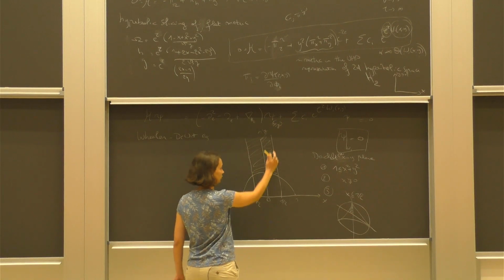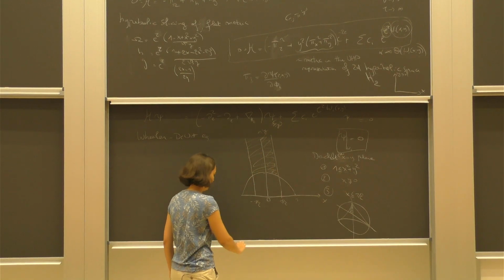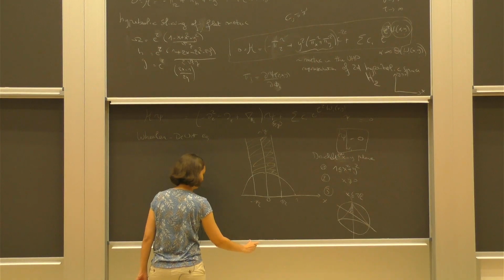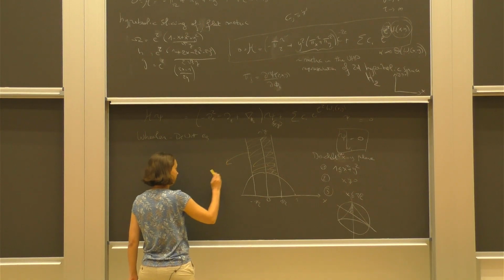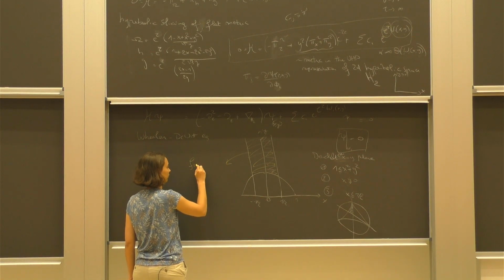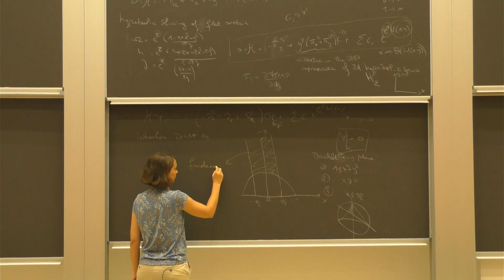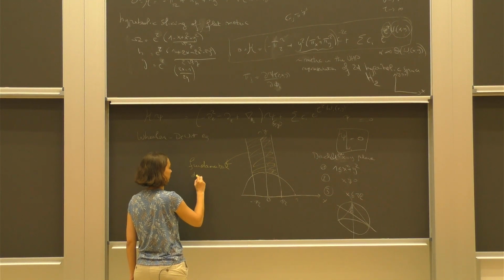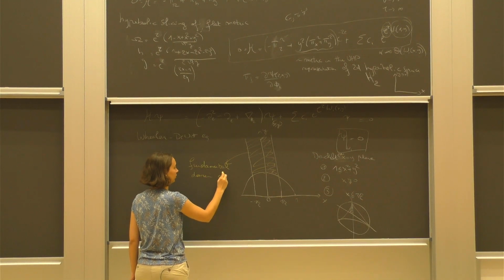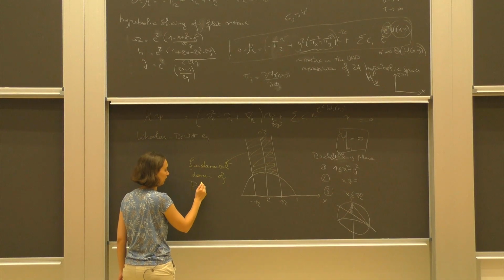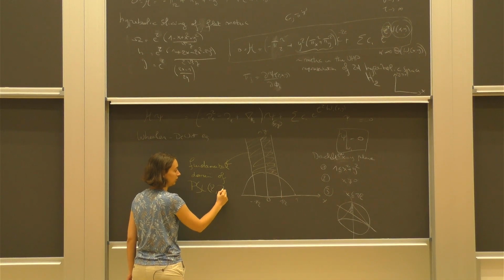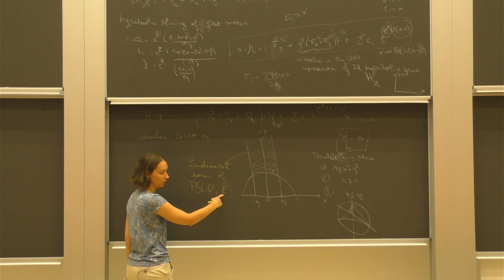So that's the whole thing. So this is half of the yellow, and the yellow is the fundamental domain of PSL2Z. So here I'm writing Z, not R.